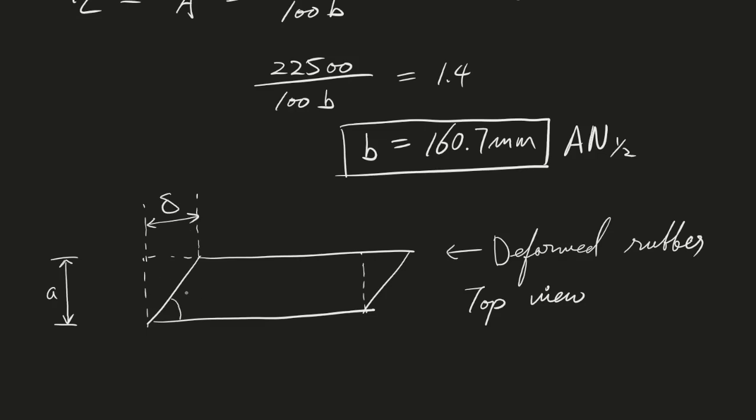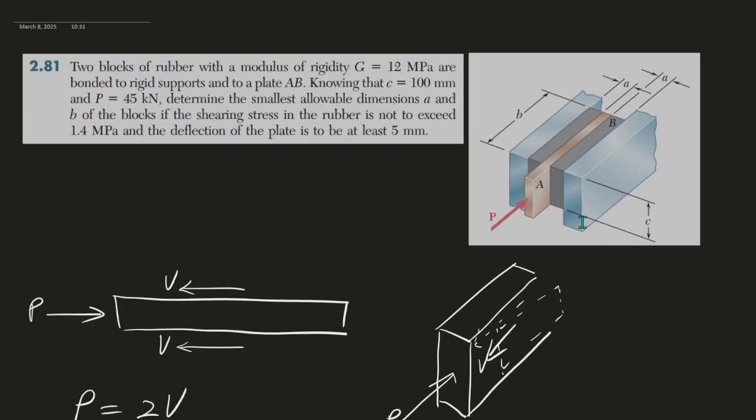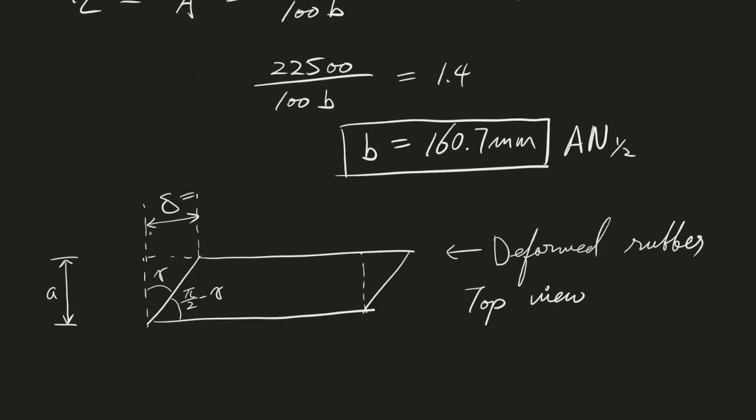And the change in angle here, pi over 2 minus shear strain, and that's just shear strain, gamma. Okay, that looks like an R, but it's gamma. We know what the displacement is at its minimum, which is 5 millimeters. So delta is 5 millimeters.